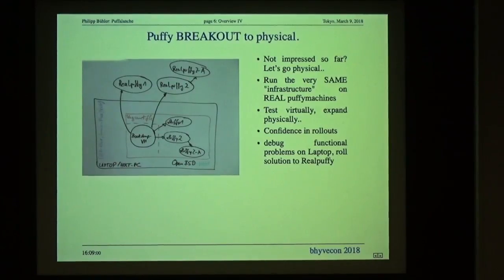And if you have a functional problem later on, you can just recreate the virtualized configuration and debug the problem there, and then be confident in your fixing when you are rolling it out to the physical location. So it's like 5 minutes.